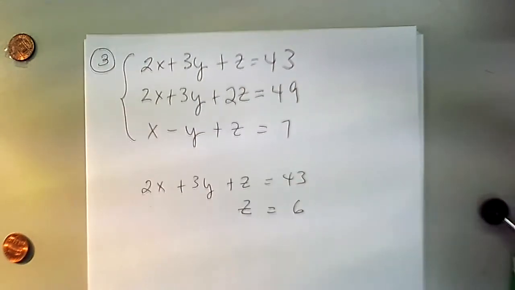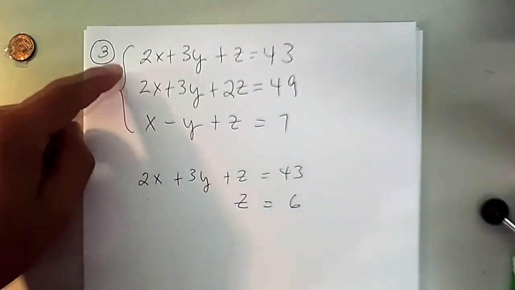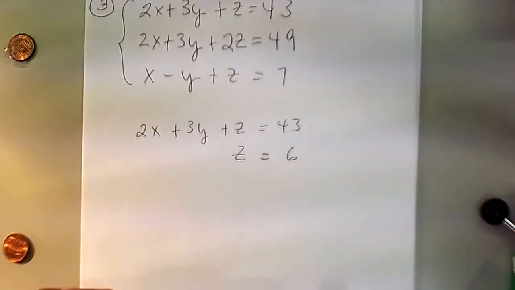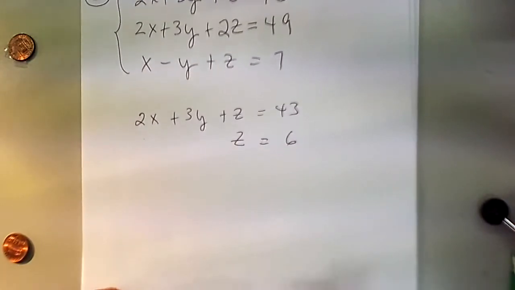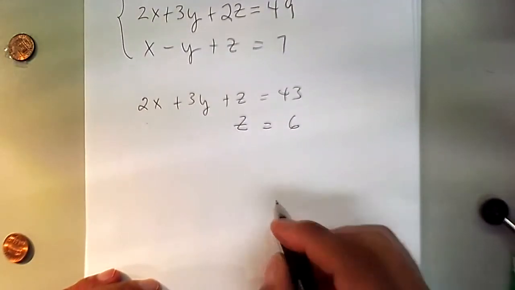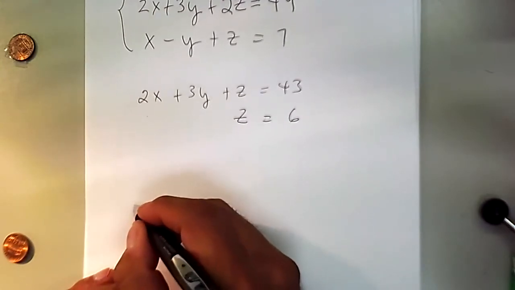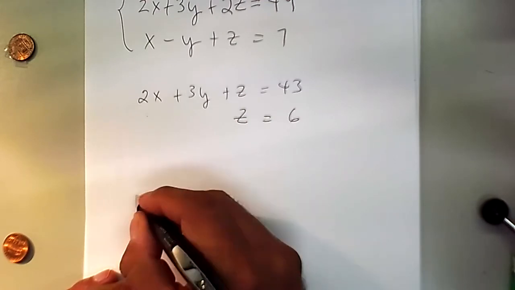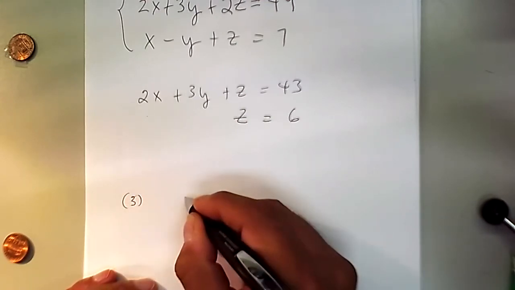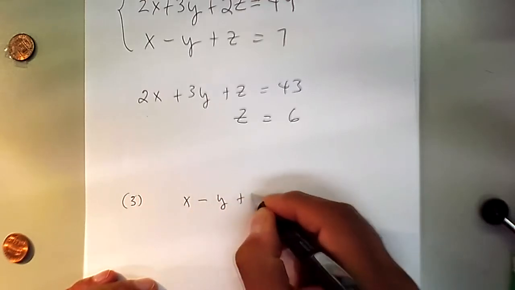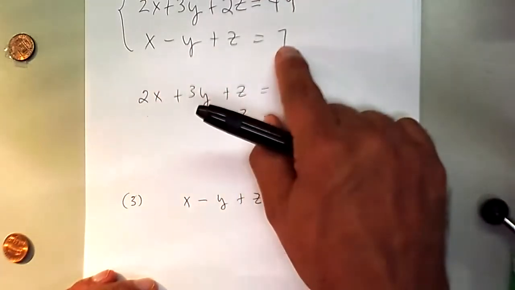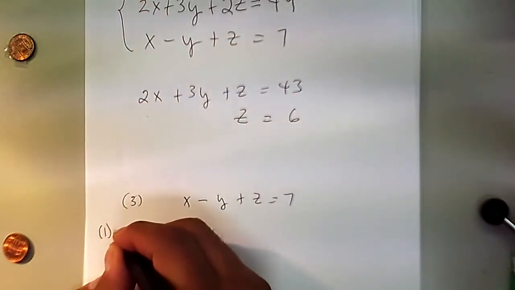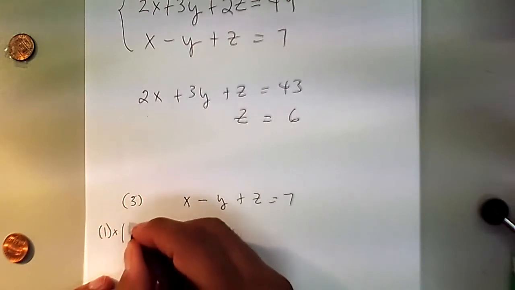Now for the third equation, we have to do some work because the coefficients don't match immediately. So we're going to put this last part on hold, and do the computation down here. The third equation is x minus y plus z equals 7. I'm just copying it down, and we're going to take the first equation and multiply it by a half.